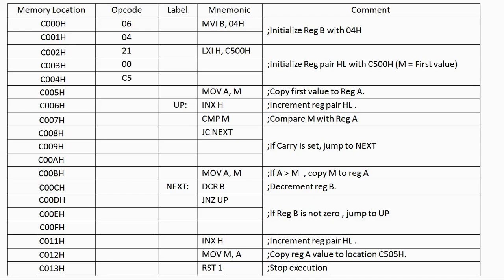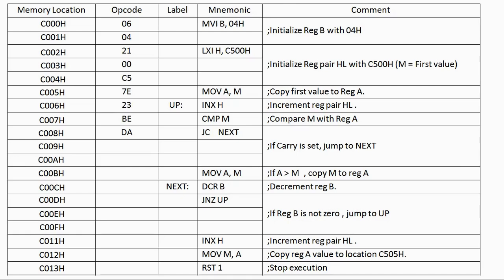So 00 and C5, next location will be the operation code for the move A, M, that is 7E. Operation code for the INX H is 23. Then operation code for the CMP M is BE. Then operation code for the JNC. JNC is DA. We have to write the code for the next, but next is not a mnemonic, it is a label.